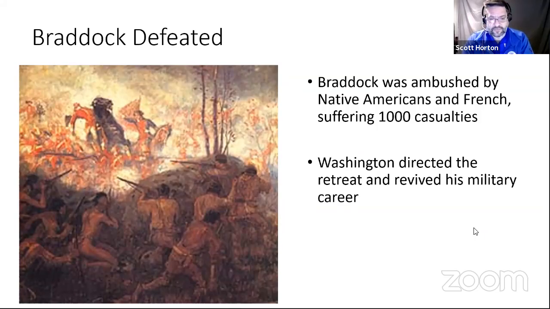And the image here really tells the story that the Native Americans were not willing to fight the way that the British wanted them to. The British, of course, had this old European style of fighting where they would line up on a field of battle and march at one another. Natives weren't going to fight that kind of battle, and you can kind of see that in the image here. So things don't go too well here for that.